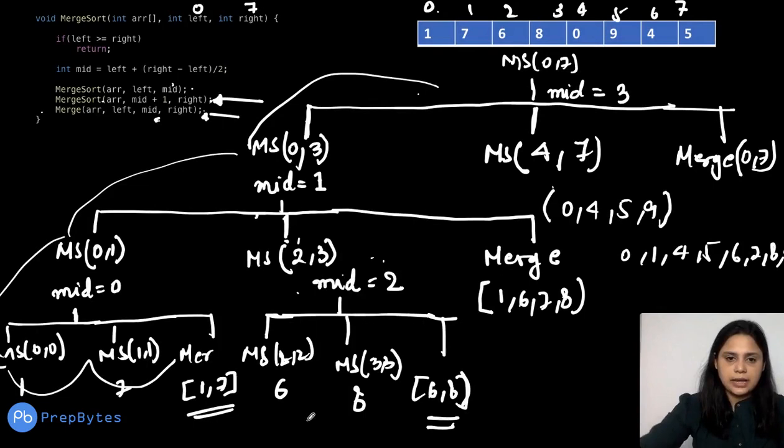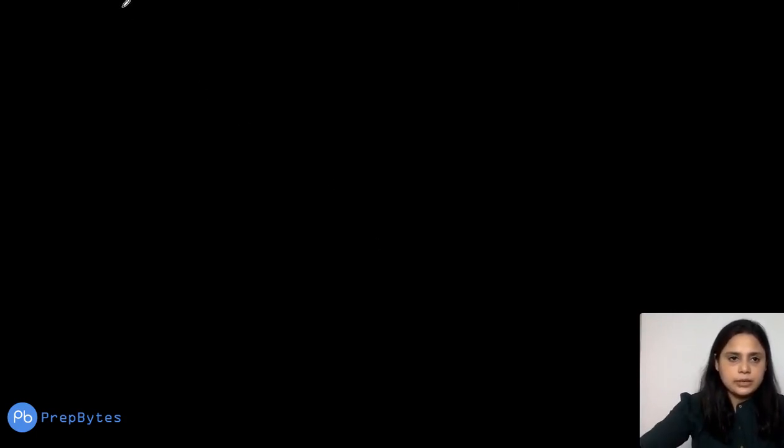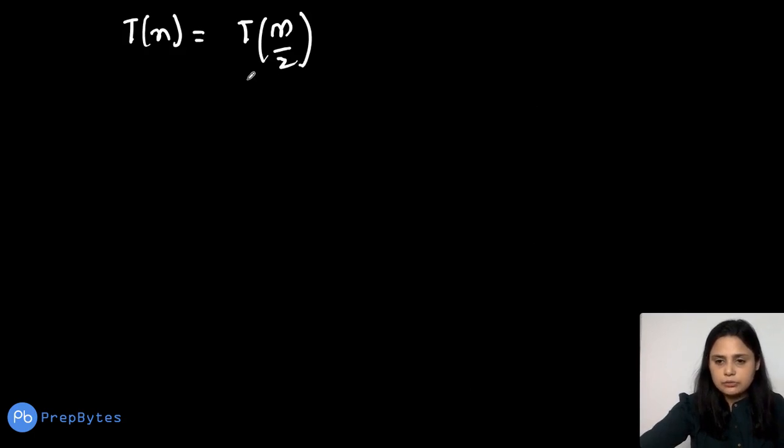Before I finish the video, I remembered I didn't tell you the time complexity. Let's see the time complexity. Every time I am dividing the array into 2 halves, so T of n is equal to 2 into T of n by 2 plus n, where n is the time for merging of the array.